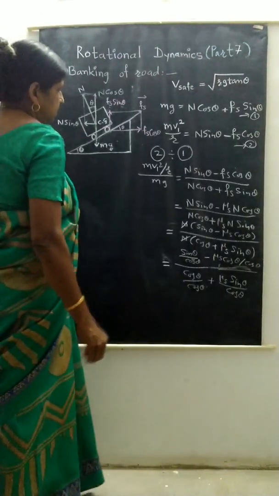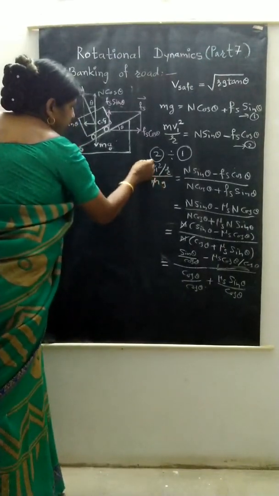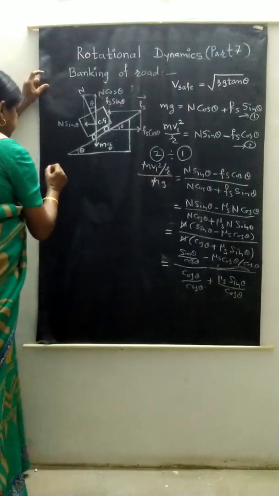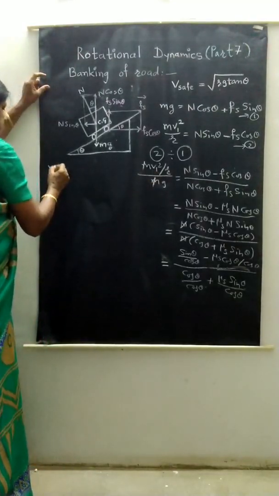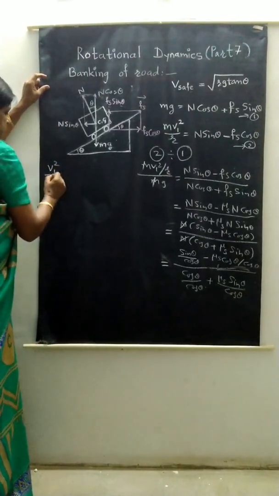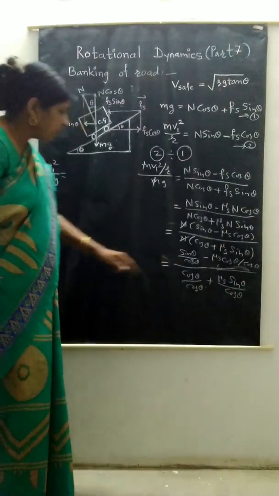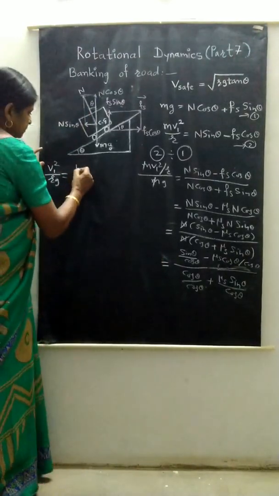Hence, here m will cancel to give v1 square upon rg is equal to sin theta upon cos theta, which is tan theta.